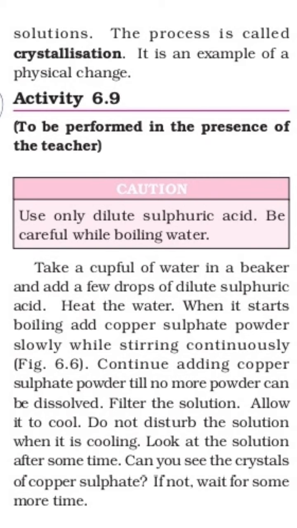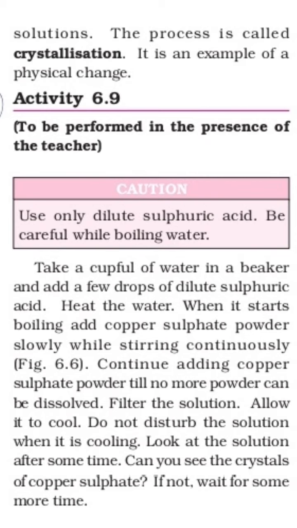Now see the activity. Take a cupful of water in a beaker and add a few drops of dilute sulfuric acid. We have to take one beaker, put in one cup of water and a few drops of dilute sulfuric acid, and boil the water.